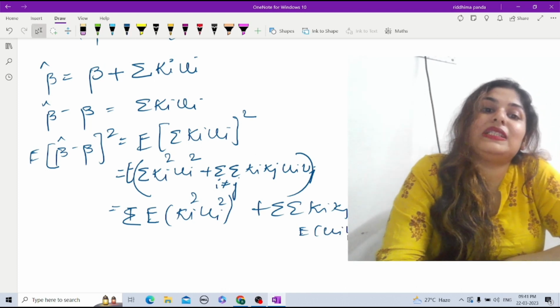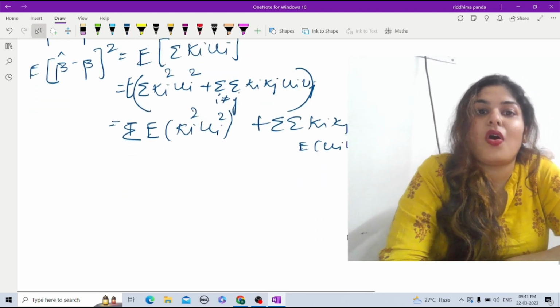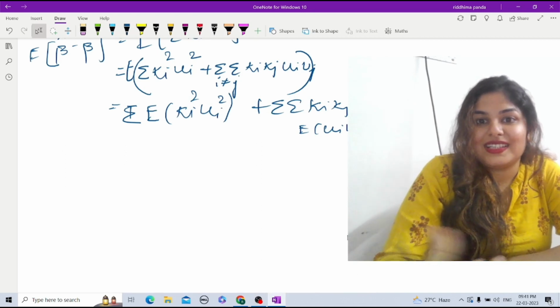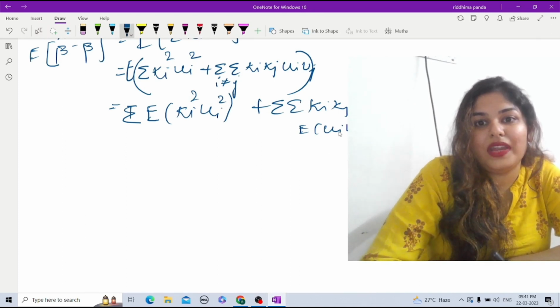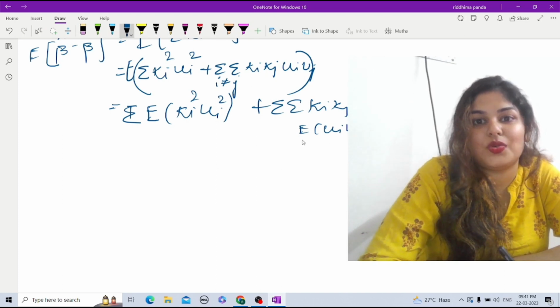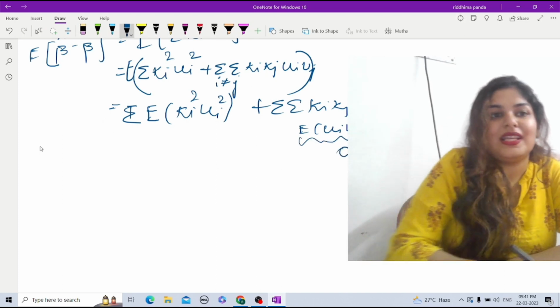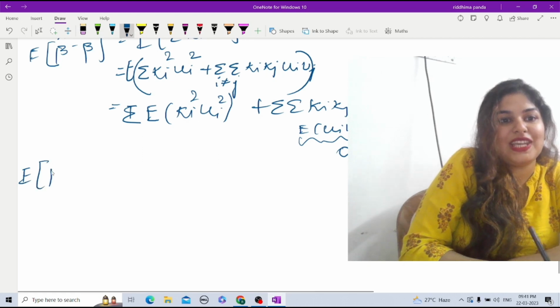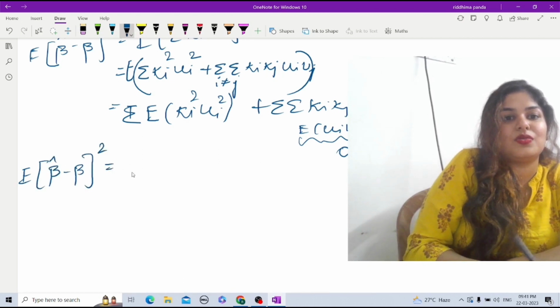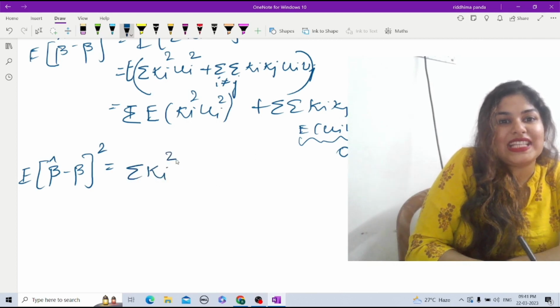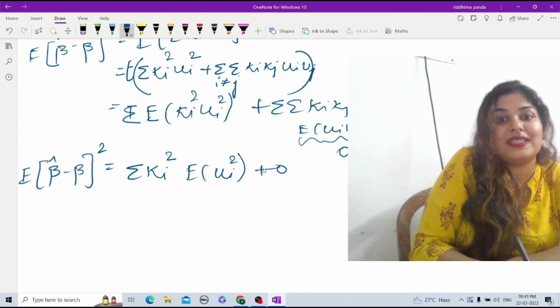Now from the property of the disturbance term, we know that the covariance between ui and uj is 0, so this value is 0. That means I have expectation of beta hat minus beta whole square is equal to summation ki square into expectation of ui square plus 0.